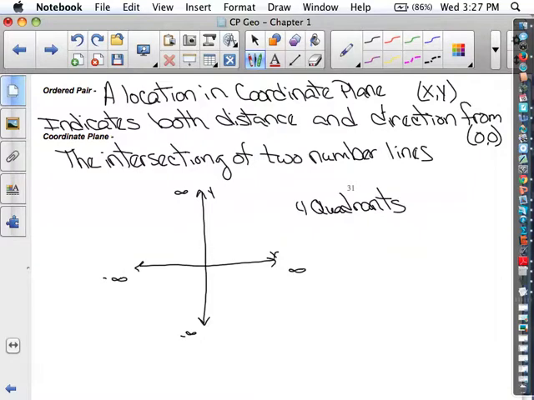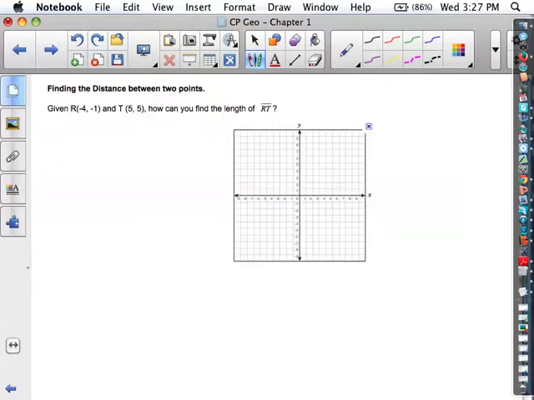This is quadrant 1, 2, 3, and 4. So that's the coordinate plane. Should look familiar to everyone. In this section, when we're looking at distance and midpoint, we're going to be using the coordinate plane.